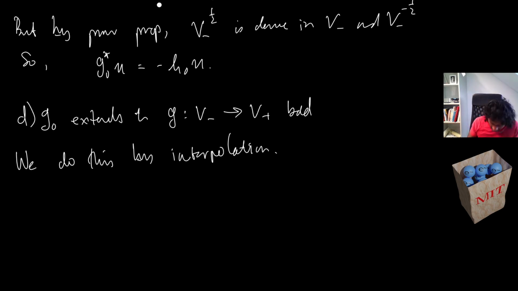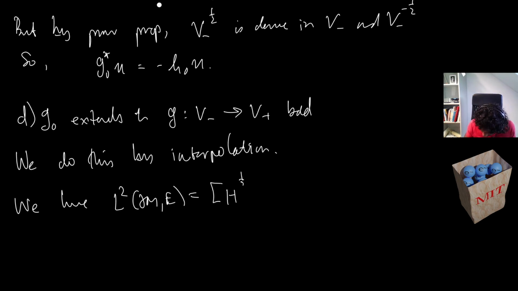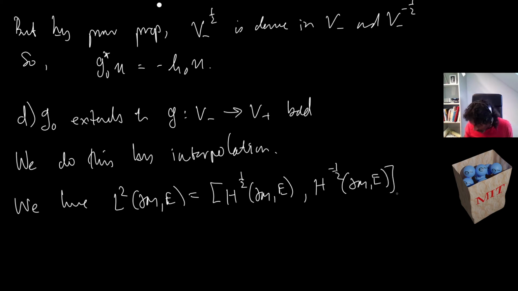Okay, so we already have that the L2 spaces interpolate nicely. So this interpolates along H half and H minus a half. Complex interpolation at the midpoint gives us L2.